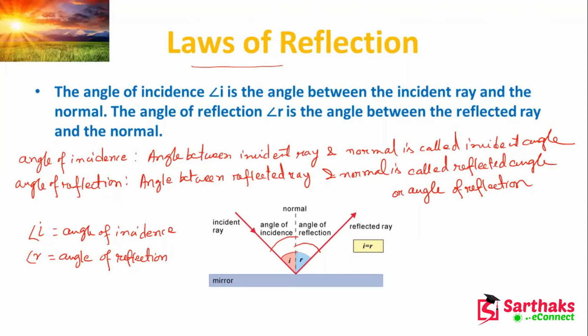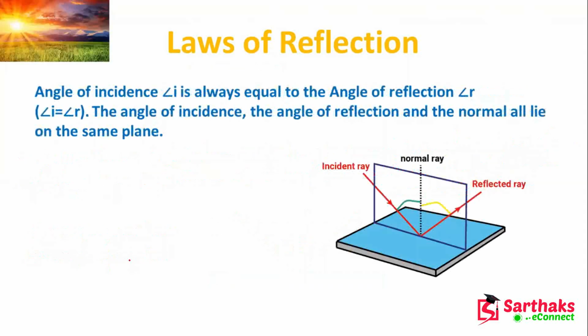Now we will see the laws of reflection. The angle of incidence i is always equal to the angle of reflection r. The angle of incidence, angle of reflection, and normal all lie in the same plane. The first part of the law is that the angle of incidence i equals the angle of reflection r.